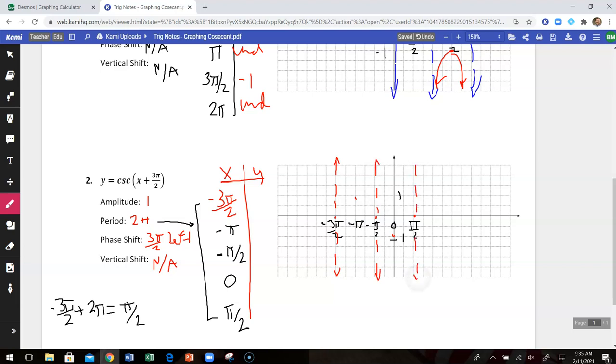Everywhere that the sine graph hit the x-axis, those are our vertical asymptotes, and then we're going to go up at negative pi, and we're going to go down at 0, and we've got our graph. So if you can easily graph cosine and sine, you can also easily graph secant and cosecant.